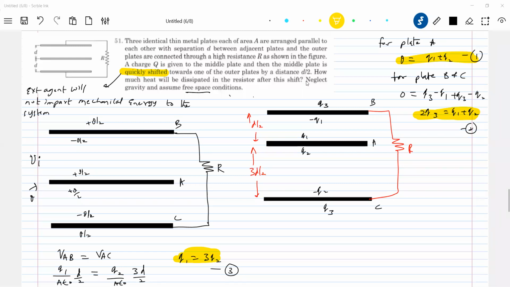Try it, no problem. If you give values of Q1, Q2, Q3, then I'll conclude the problem.